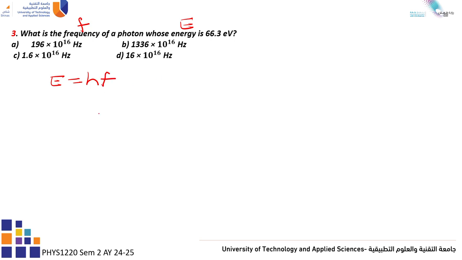We have to find the value of f, so I will change the formula to the form f equals E over h, where h is the Planck's constant. But here we have to keep in mind that the unit of the energy should be in joule, not in electron volt.